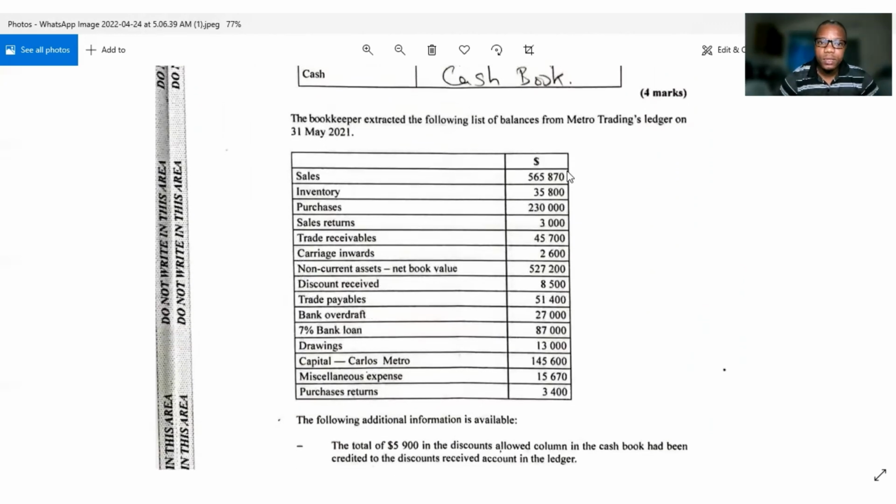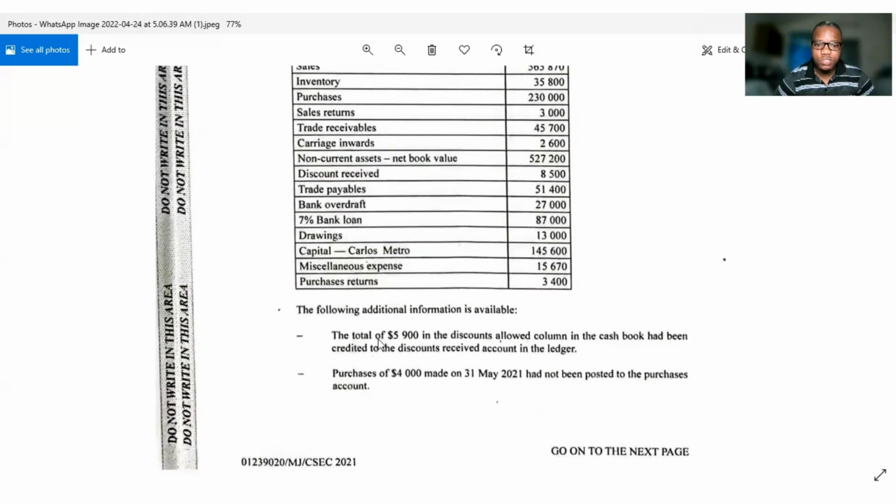It says the bookkeeper extracted the following list of balances from Metro Trading's ledger on the 31st of May 2021. So we are given not a trial balance, but a list of balances, and some additional information. The total of 5,900 in the discounts allowed column in the cash book had been credited to the discount received account in the ledger.